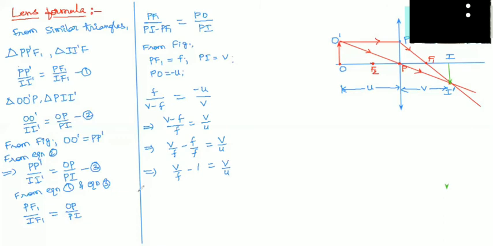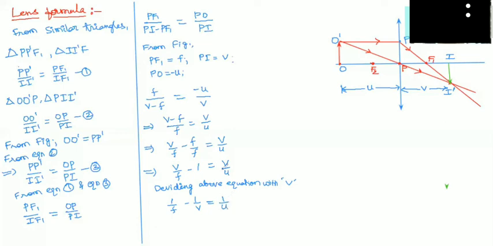I'm dividing the above equation throughout with V. So what happens, V by F becomes 1 by F, V will get cancelled, and here 1 by V will come, and V by U becomes 1 by U.